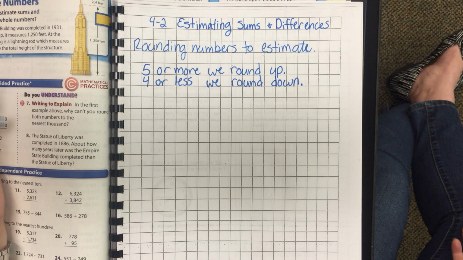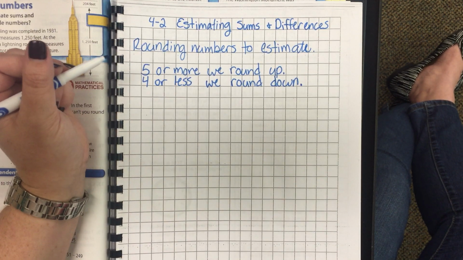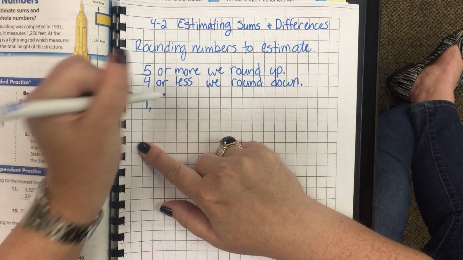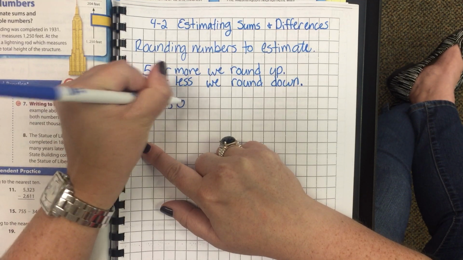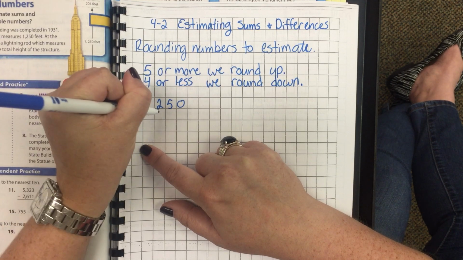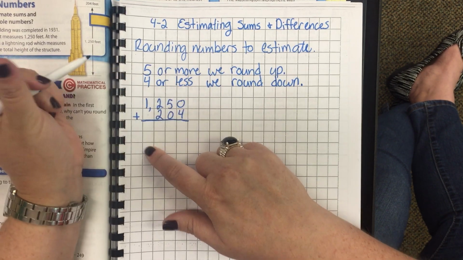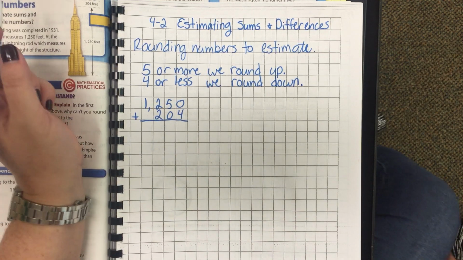So, if I'm looking at a number, or if I'm looking at an addition sentence, and it says something like 1,250 plus 204, and it wants me to estimate the answer, I'm going to round.